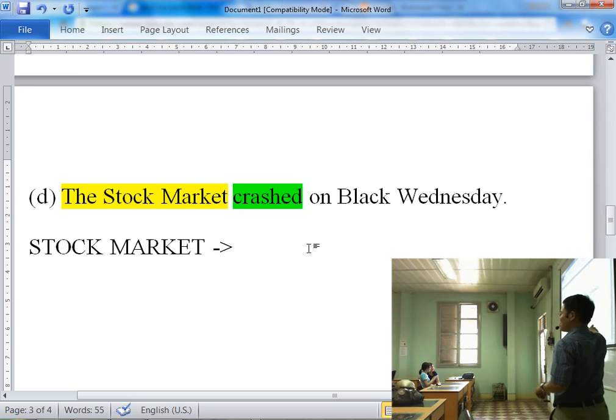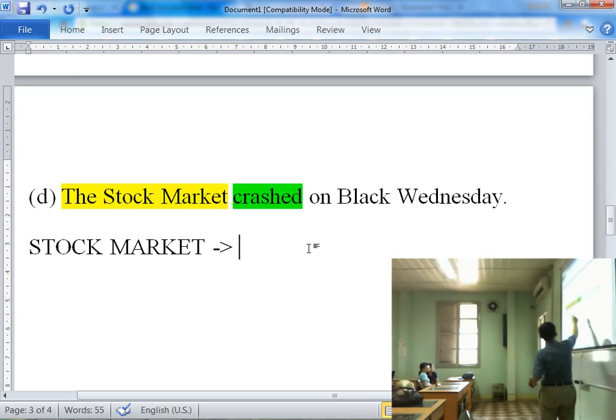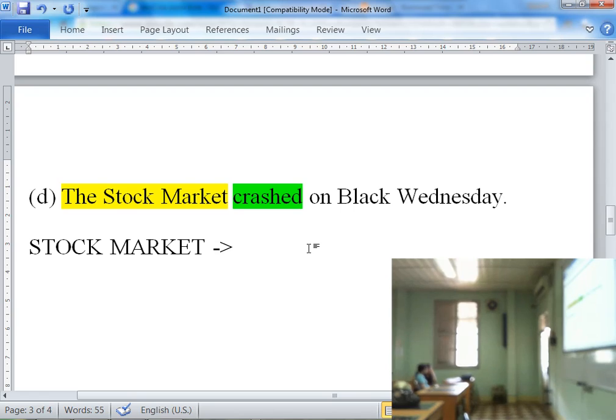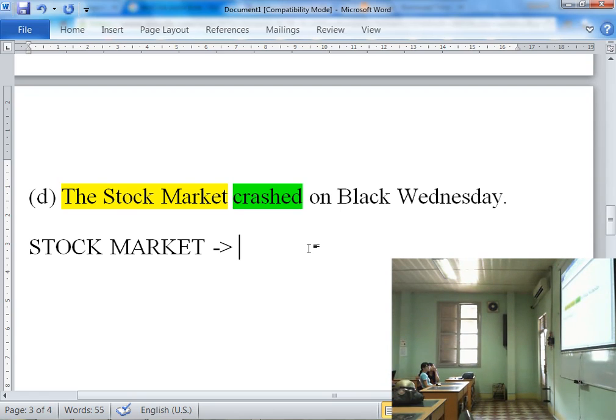What is the source concept that we draw from that makes us describe stock market using this verb? A car crashed. Building crashed. A machine can crash. Maybe stock market is a machine.